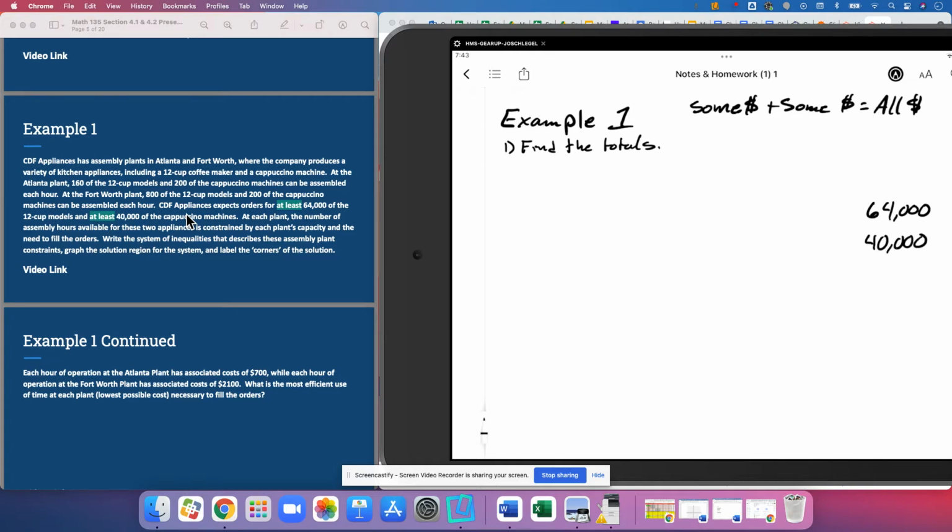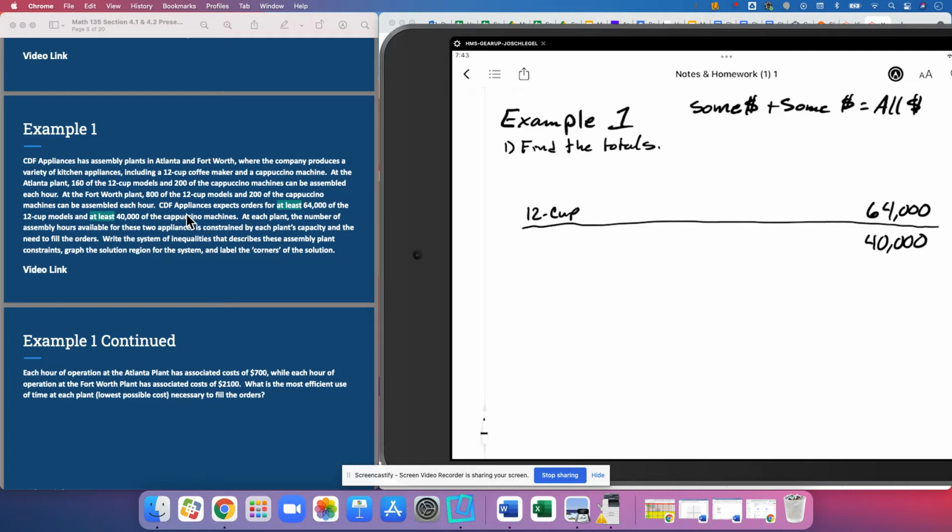Okay. Now I need to create a label that matches those numbers. And so CDF Appliances expects orders for at least 64,000 of the 12-cup models. And so I'm going to put a line here just to separate my two inequalities because I want to make sure that I don't get all slanted and out of whack. That is for the 12-cup models.